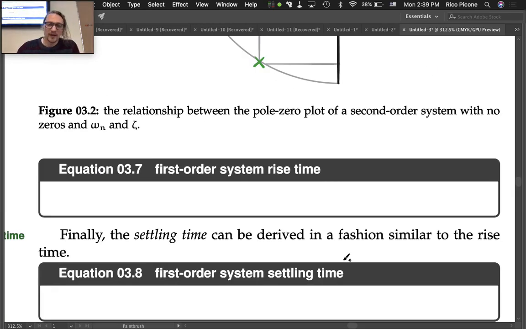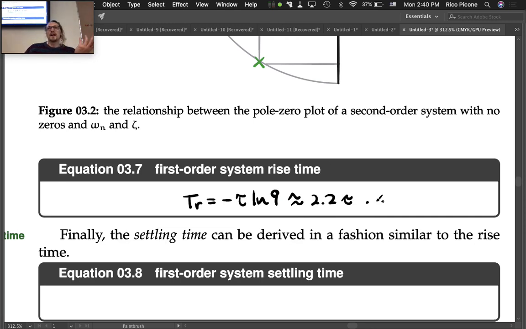And we can write that. There's actually an analytical expression too. So t rise is equal to exactly negative tau times the natural log of 9, which is approximately equal to 2.2 time constants.